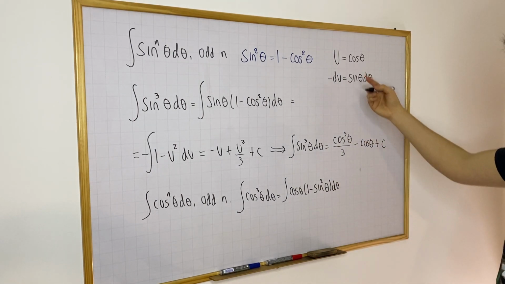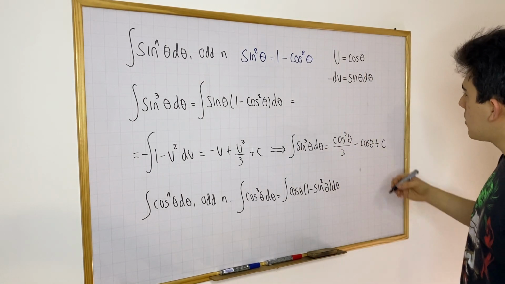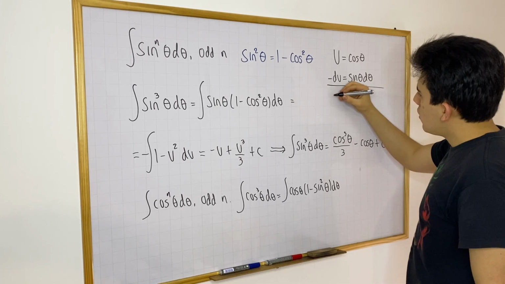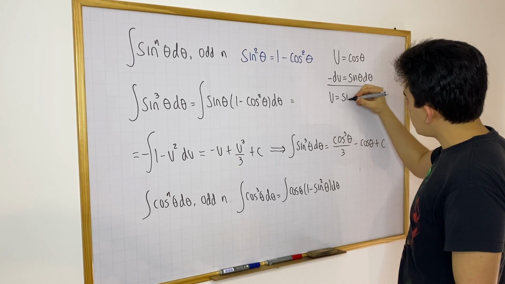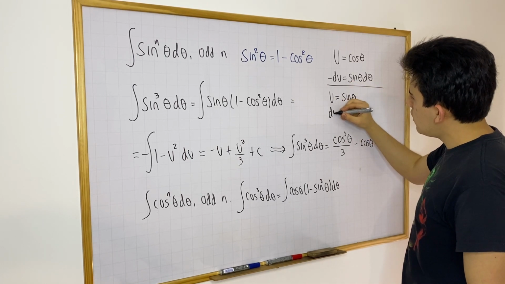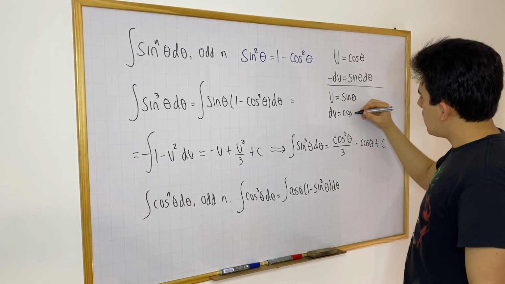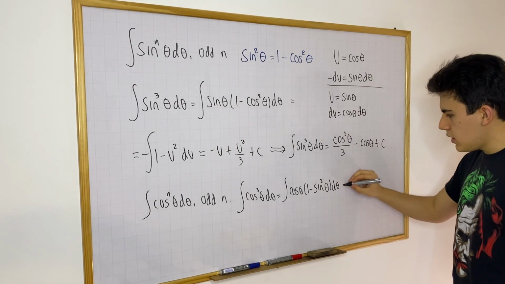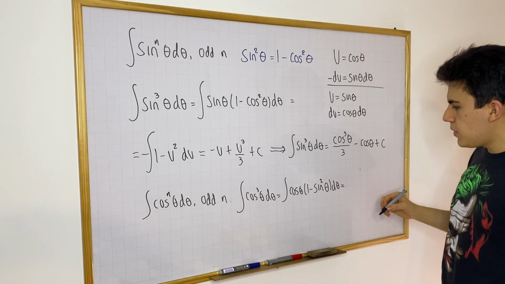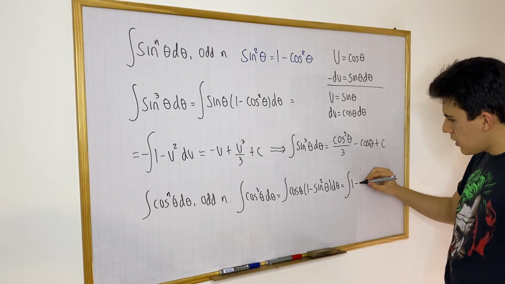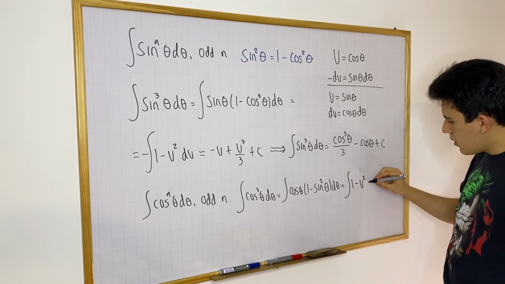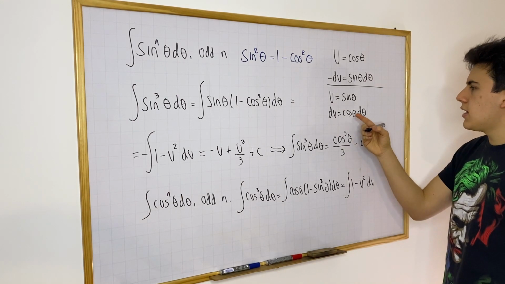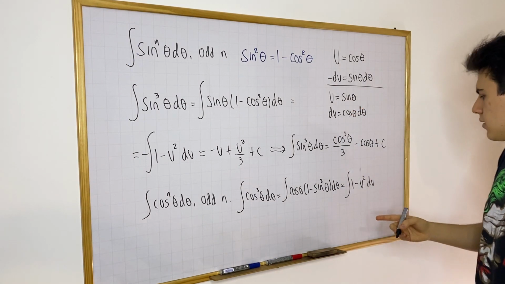You let u be equal to sine theta, and then du is going to be equal to cosine theta d theta. Once you have this, it's really easy to see that this will just be the integral of 1 minus u squared du. We don't have any negative signs coming out of that derivative of sine, so we're good.